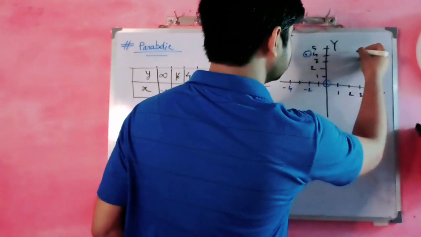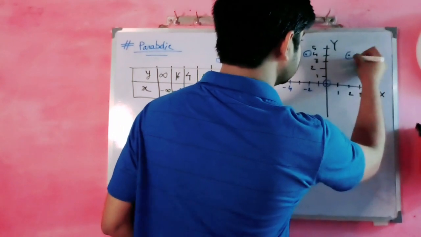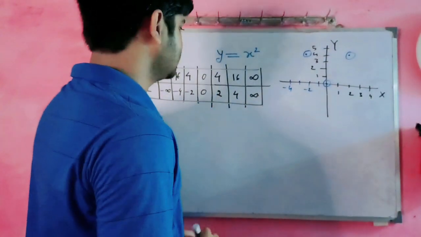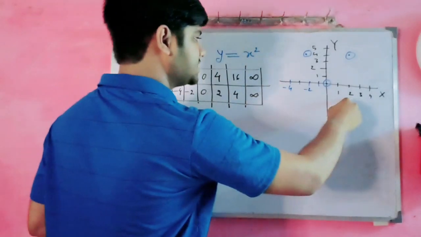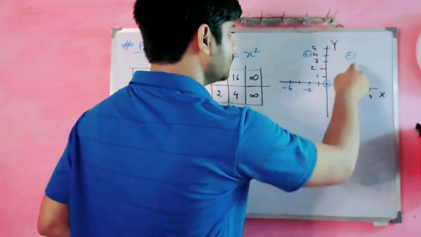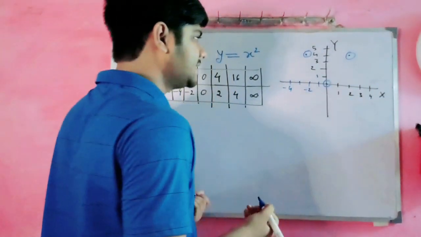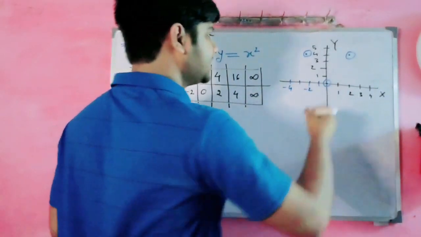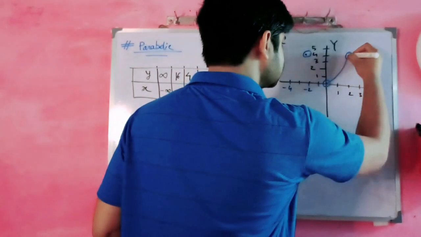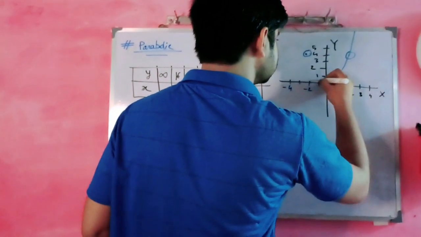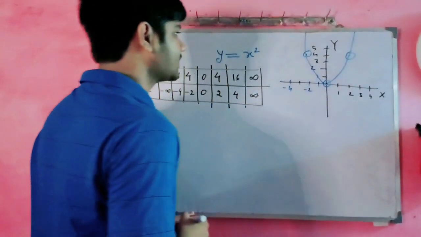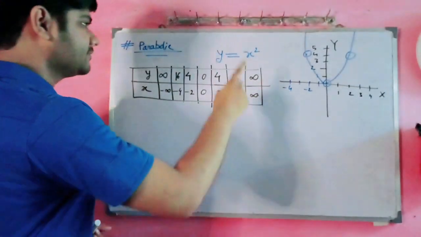Similarly, for positive x equals 2, we get this value. Now we can surely say that the graph will look like this, and we call it a parabolic graph.